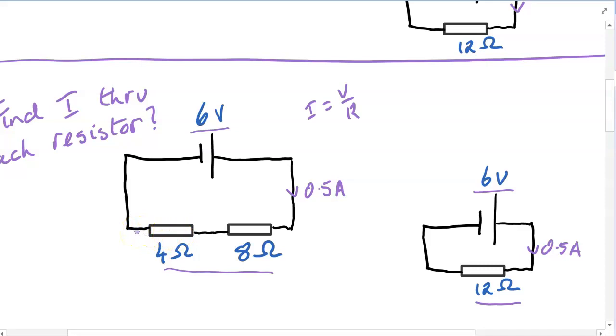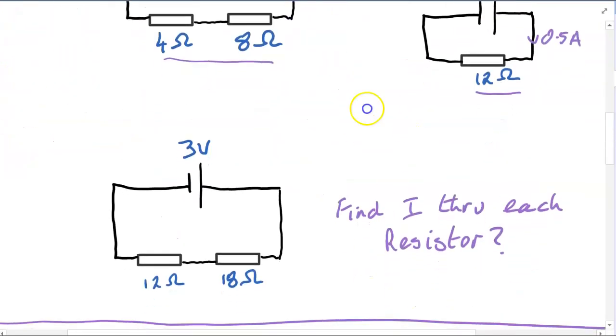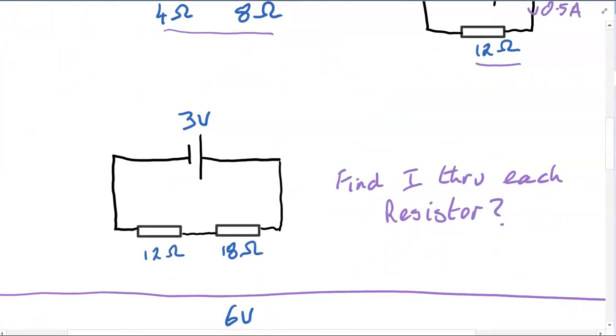So my current through the 8 ohm resistor is 0.5 amp, and the current through the 4 ohm resistor is 0.5 amp. That's how, if I had 3, 4 or 6 resistors in series, you do it exactly the same way. Okay, so little exercise for you.